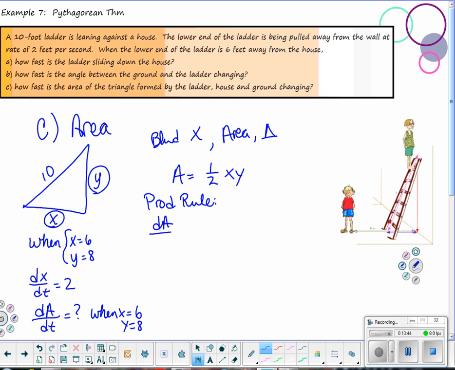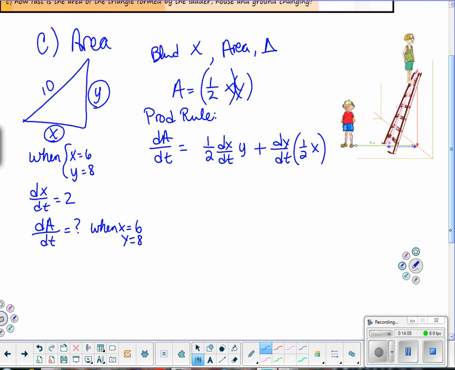So dA dt is equal to, I'm going to lump the 1/2 x together and the y as my second term. So derivative of the first would be 1/2 dx dt times our second, plus derivative of the second, dy dt, multiplied by the first, 1/2 x. All right. dA dt is equal to 1/2 times dx dt, which is 2, times our y value, which is 8 on this when spot, right?